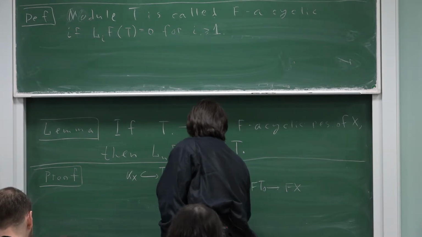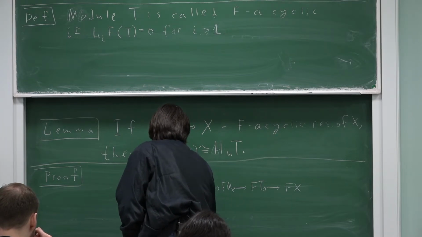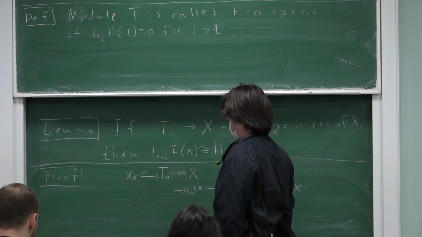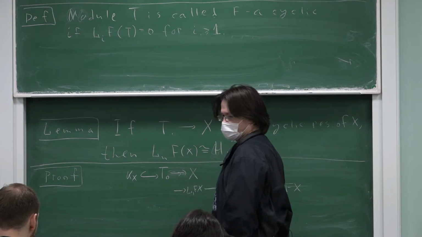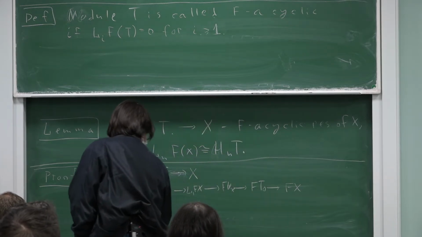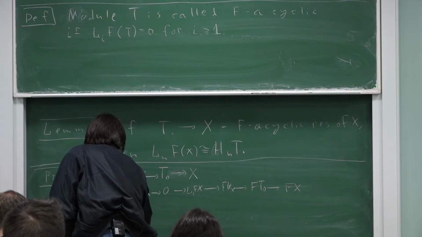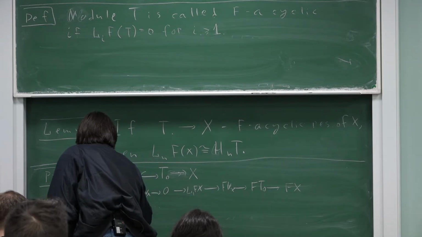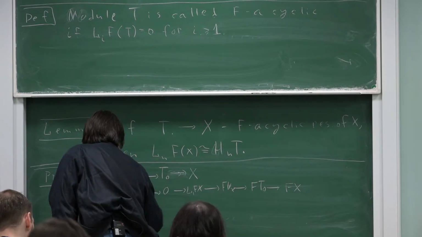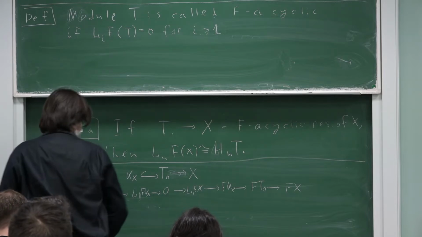Here we have L1 F T0, but T0 is F-acyclic by our assumption, so here we have 0. Then we have L2 F X, L1 F KX, L1 F X, 0, and so on.